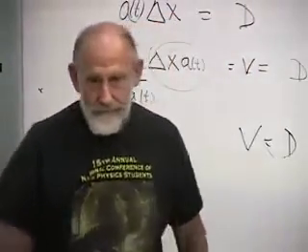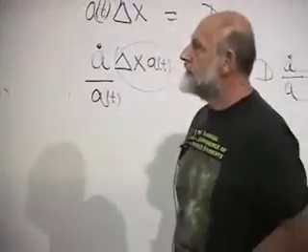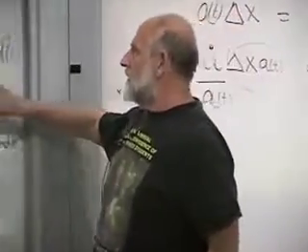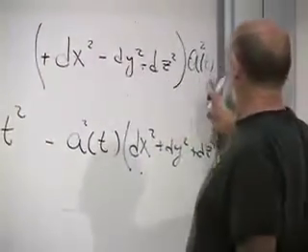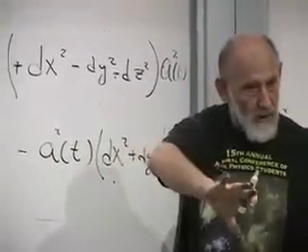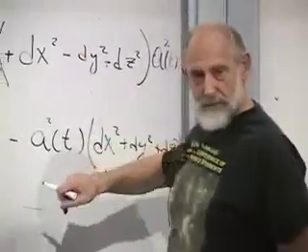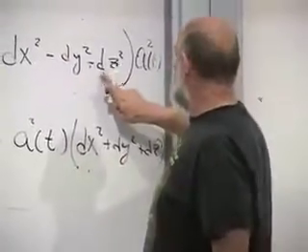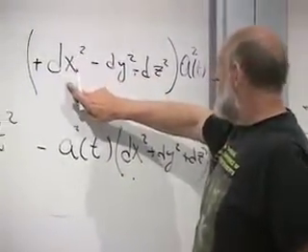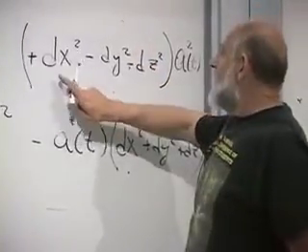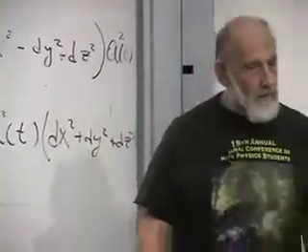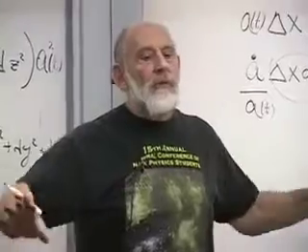One more question. It's a question of dimensions in this detail. The a, a has the dimensions of length. Let's use c equals 1, first of all, so that time and space have the same dimensions. Think of x's as not having any dimensions at all. They're just labels, they're names.